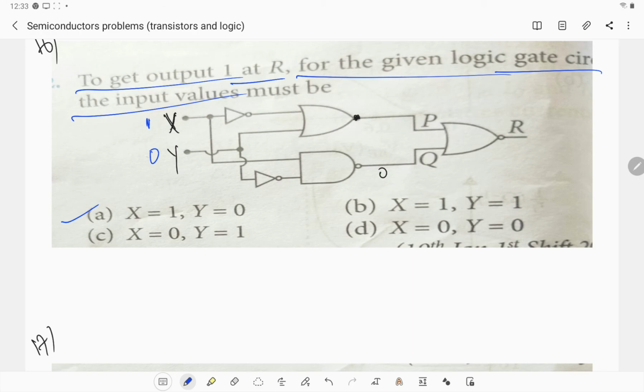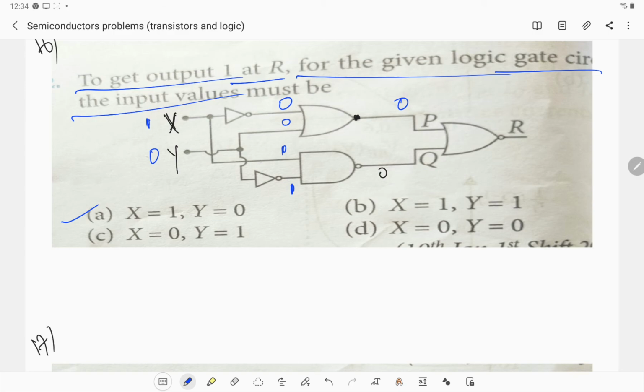So here x is equal to 1, NOT gate gives 0. And for this one, here is y, y is 0. This is OR gate, 0 plus 0, here is 0. And for this one, this is x, here is 1. And y is 0, therefore NOT, here is 1.